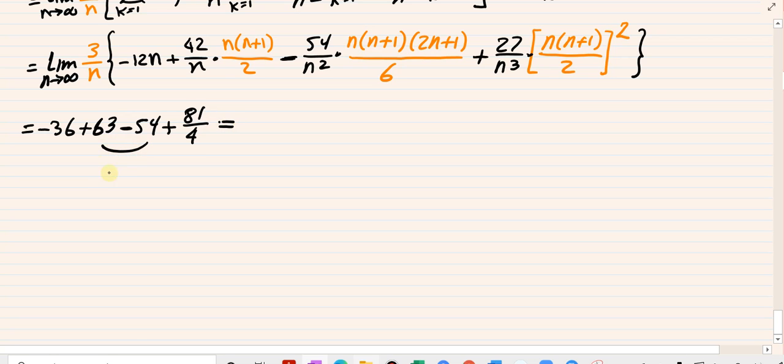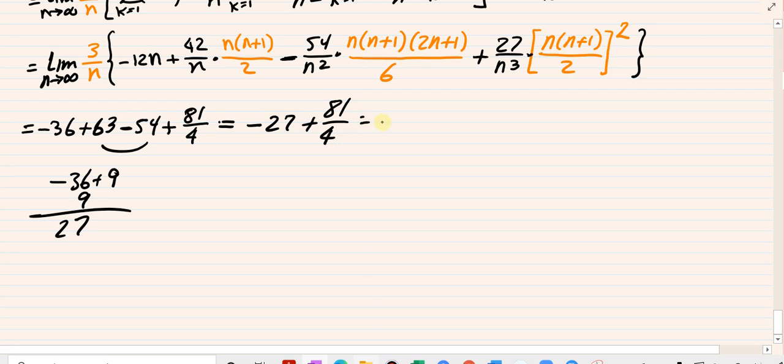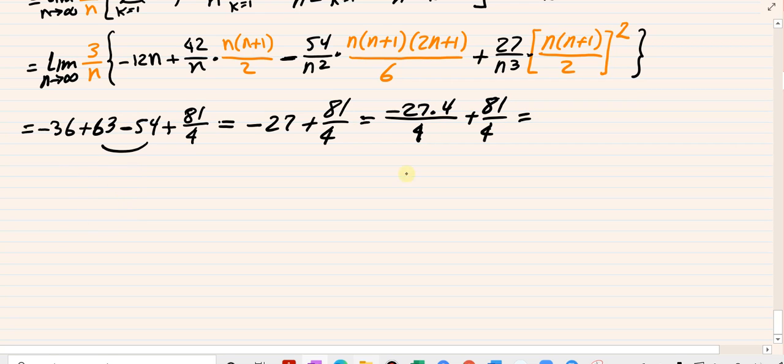63 minus 54, that's 9 positive. Negative 36 plus 9, that's negative 27, right? Negative 27 plus 81 fourths, right? So we can do negative 27 times 4 divided by 4 plus 81 fourths, and negative 27 times 4 is 108, right?